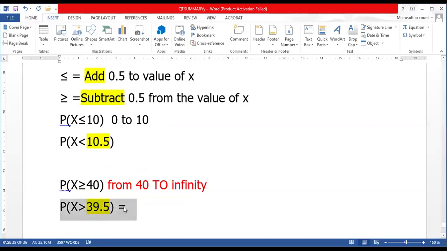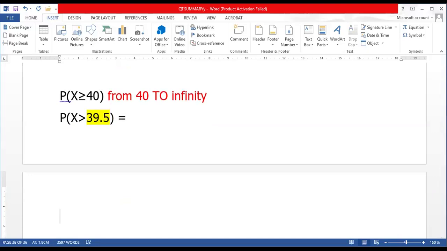For you, if you make the mistake and add, you will be wrong. Because if you add 0.5 to 40, it will be 40.5. Yet you want the probability where 40 is inclusive. So it means that already you are above 40.